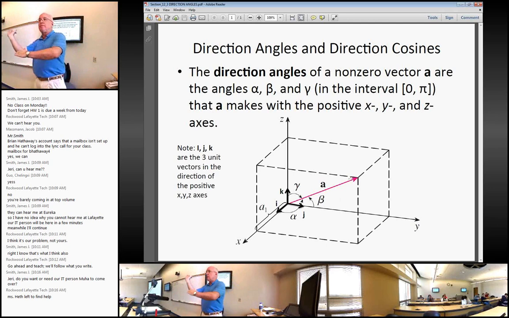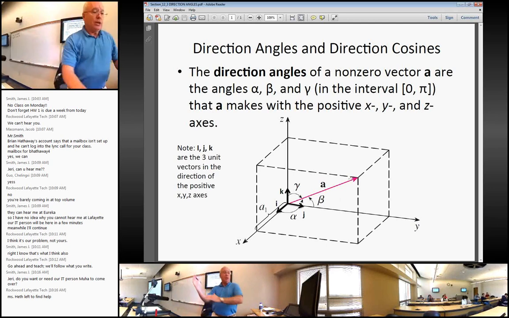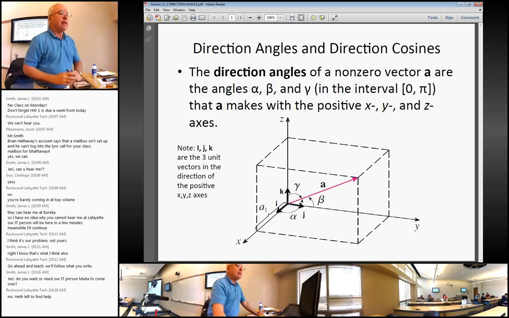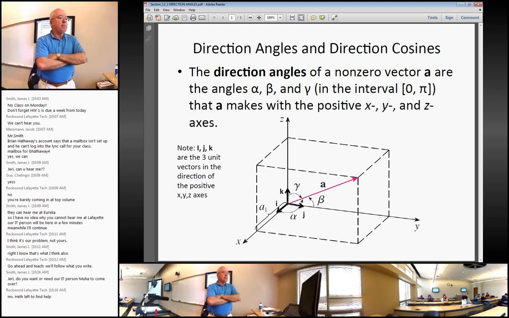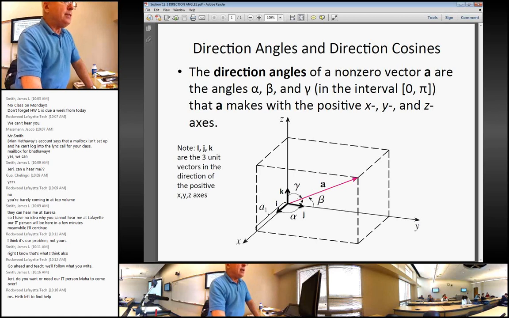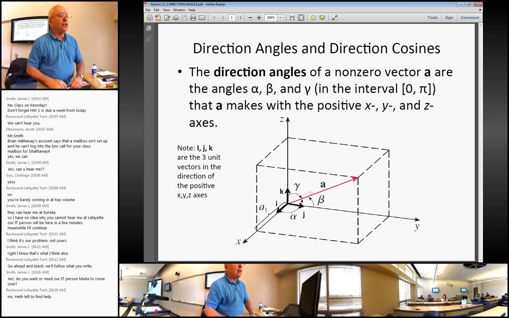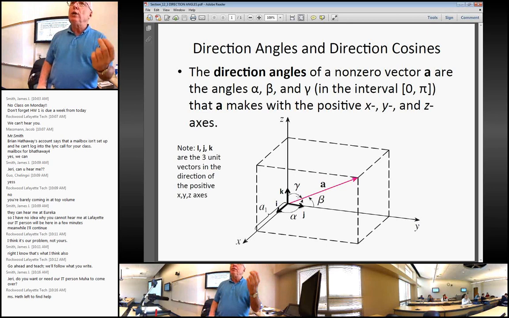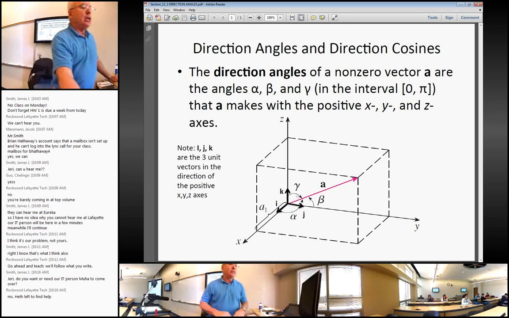It's still the same vector, all right? So here we're having its initial point be right there where the x, y, and z axes meet. And notice then that this vector actually makes an angle with each of the three positive axes.